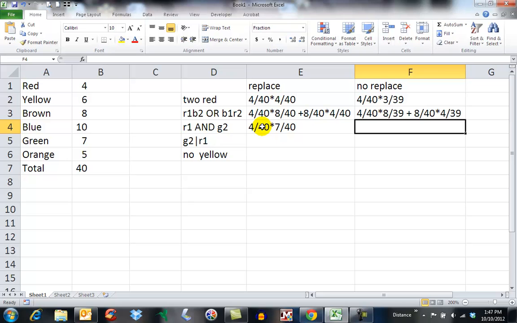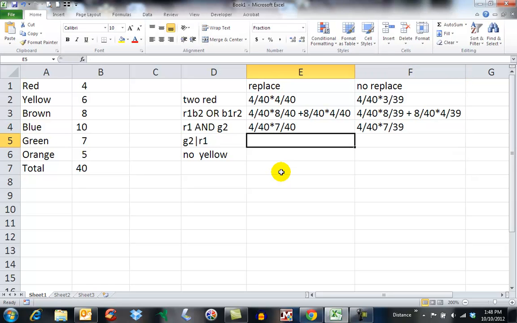All right. For no replacement, it's going to be the same thing. We're going to have 4 out of 40 times 7 out of 39. Now, just because we're not replacing it, the probability of getting green as a second one is 7 greens out of 39 total things that are there.